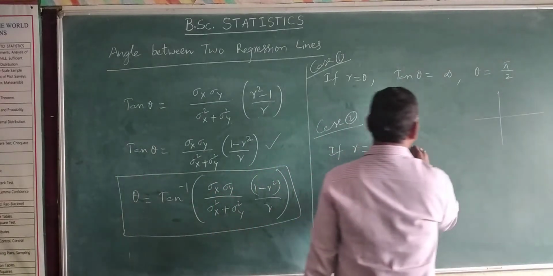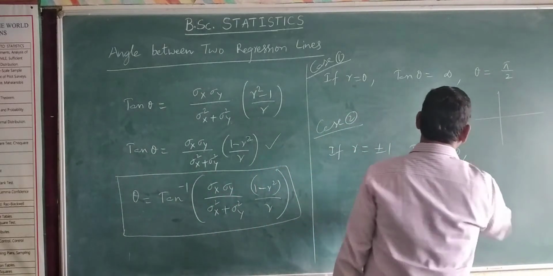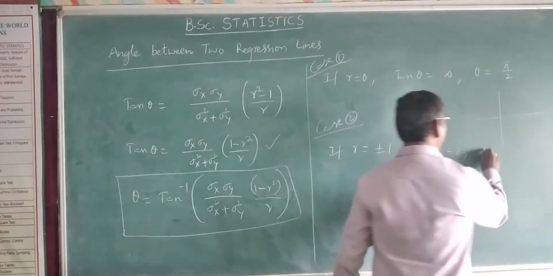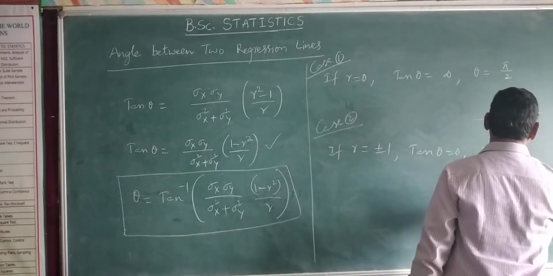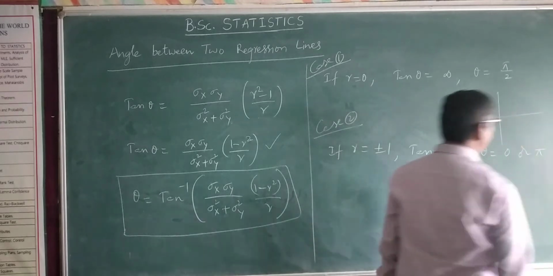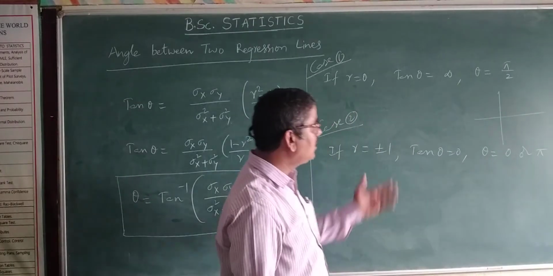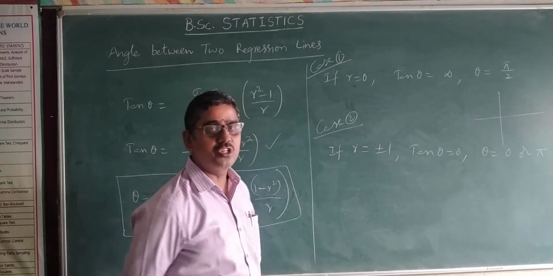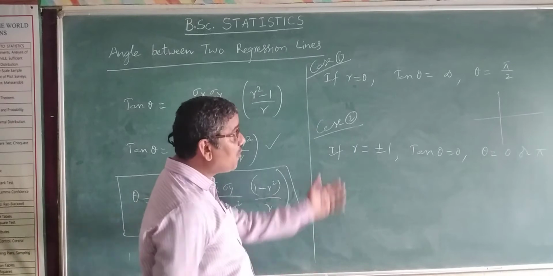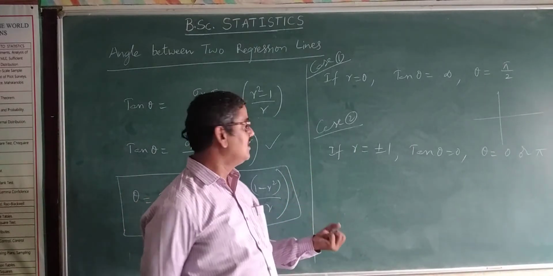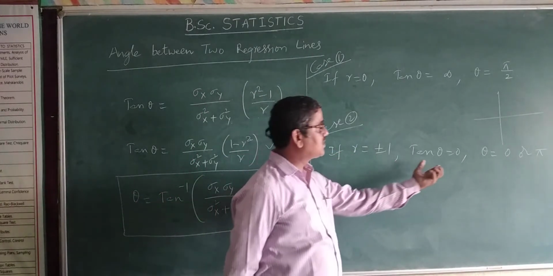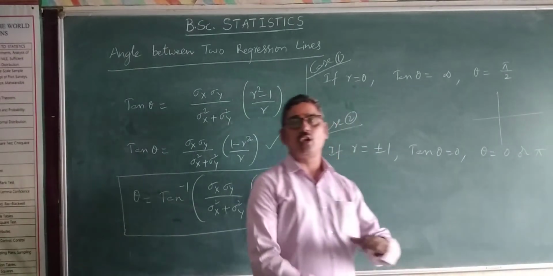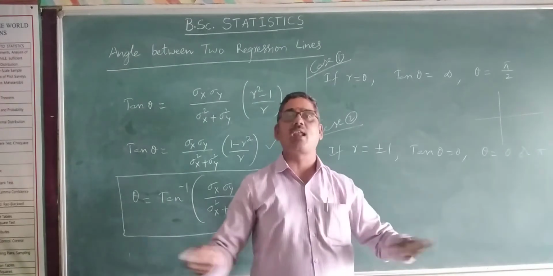In this case, theta is either 0 or pi, as far as the tan theta values are concerned. So whenever r is equal to plus or minus 1, theta is equal to 0 or pi, which would mean the two regression lines should be parallel.